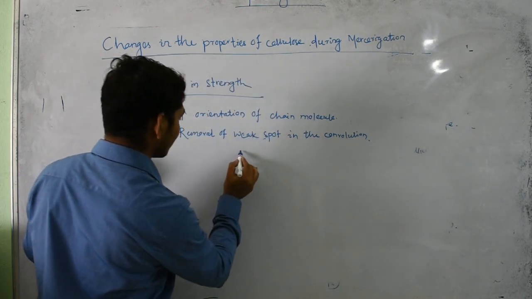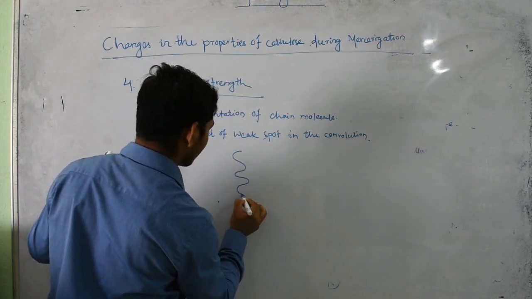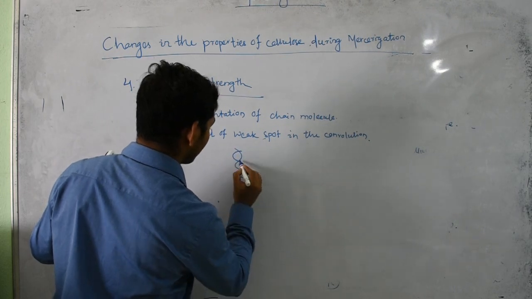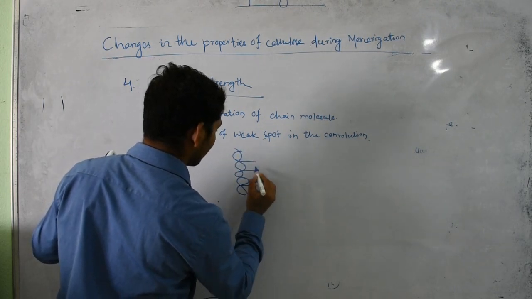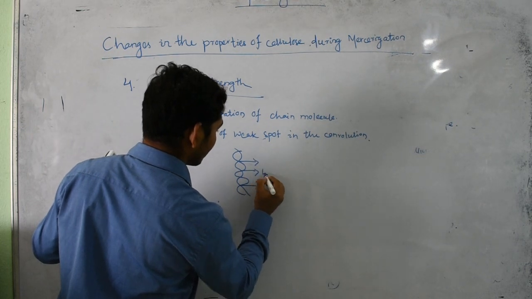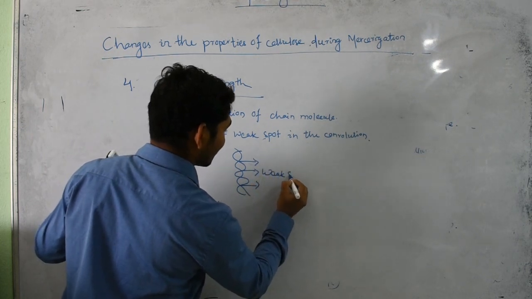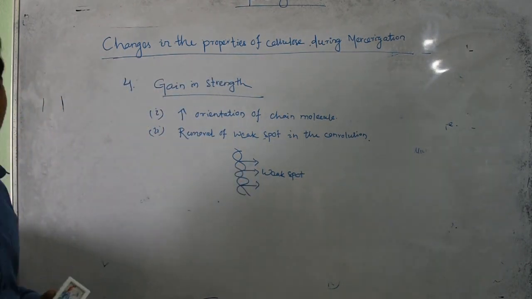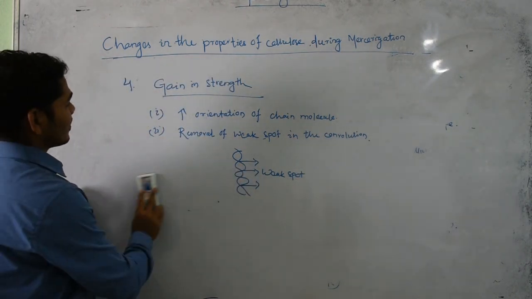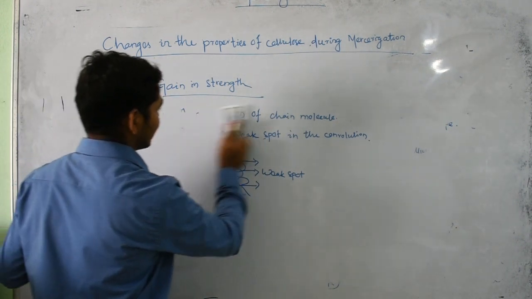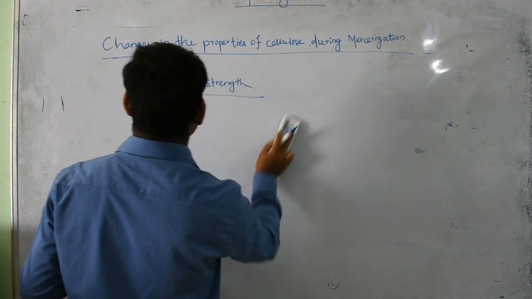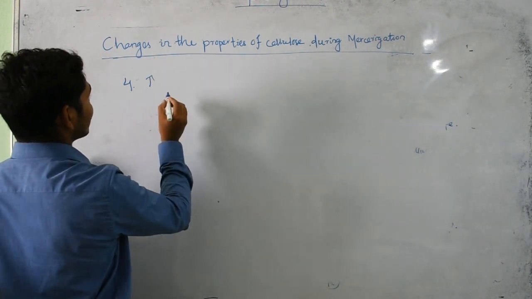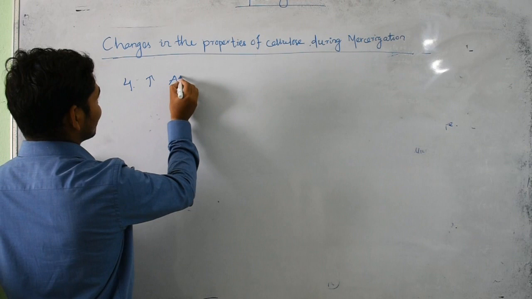This can be shown as these are the weak spot, and during mercerization these weak spots get removed. Now coming to the next change: increase in absorption.